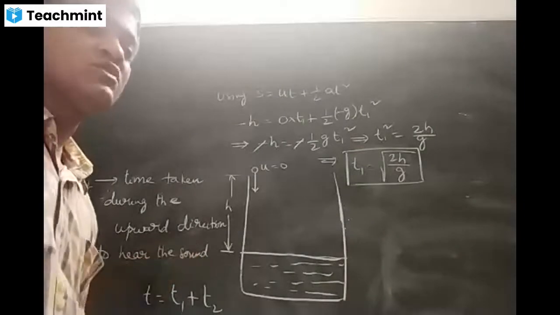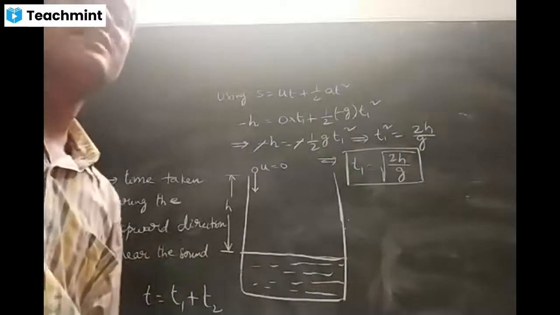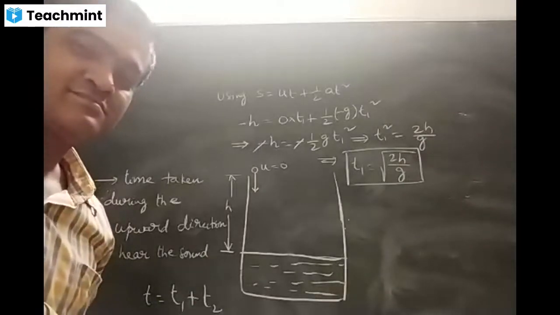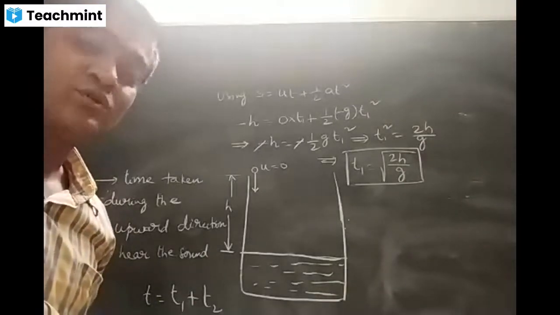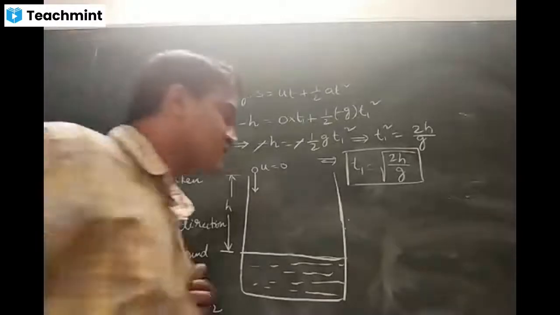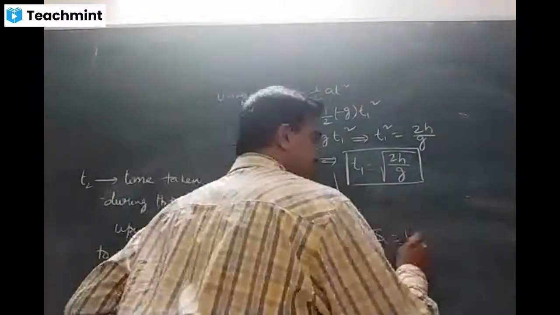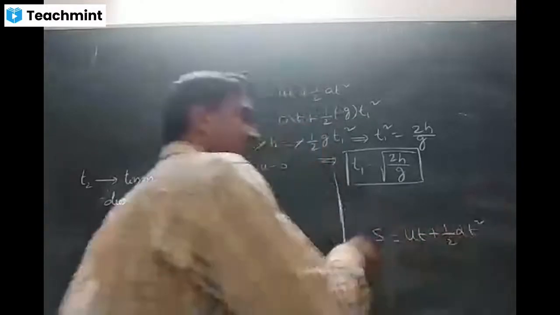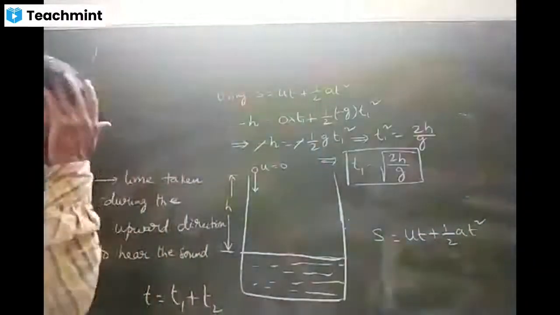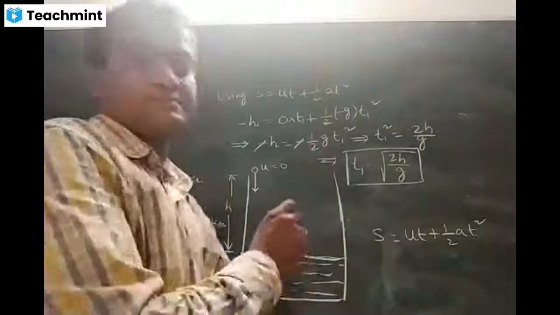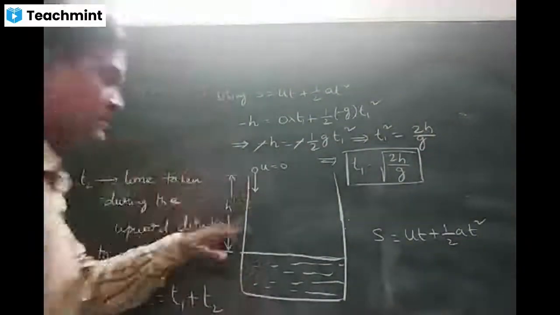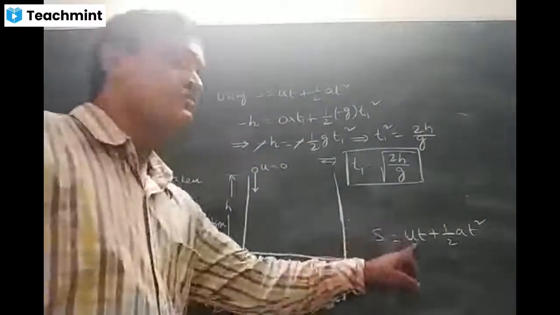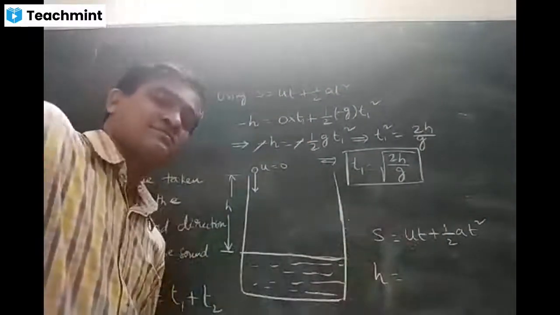When velocity is constant, what is your acceleration? Zero. So I'll use the same equation, s is equal to ut plus half at squared. The value of s is plus h.